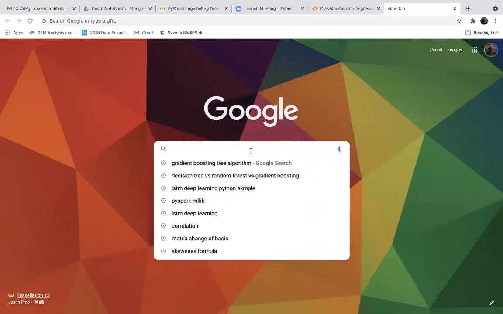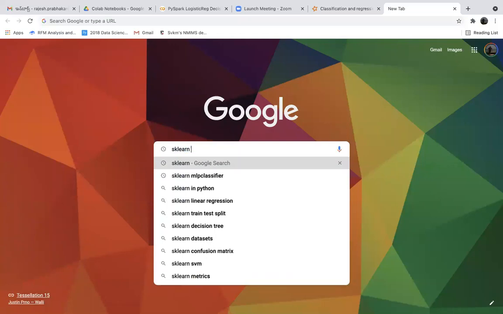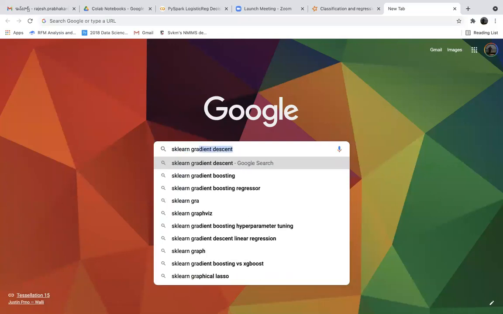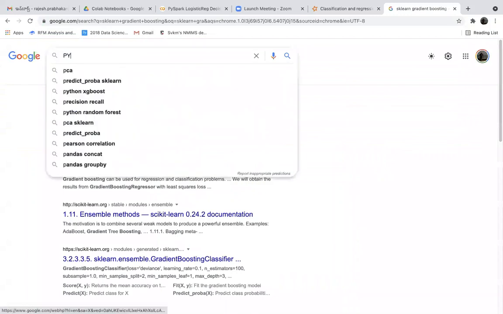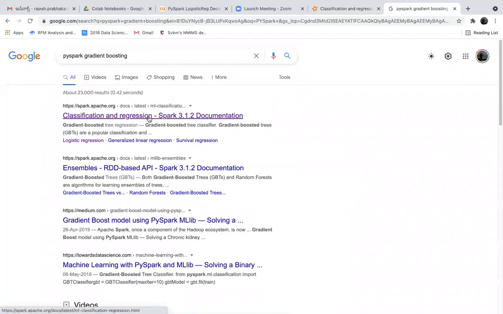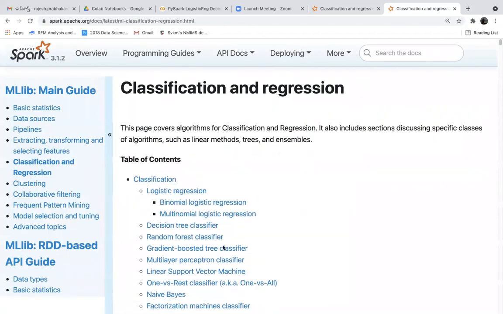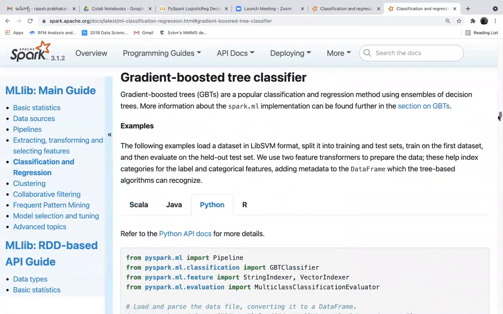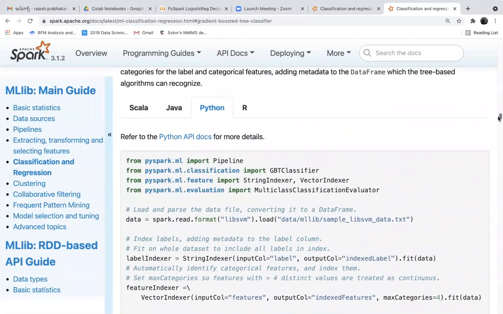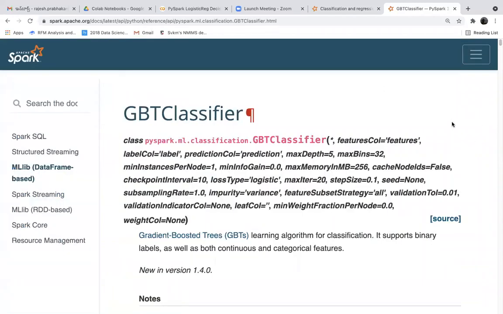So if I say, I think there is no early stopping, let me check once, because these things get updated. We are in PySpark, not sklearn, right? So PySpark gradient boosting classifier, Python API docs for more details. Yeah.